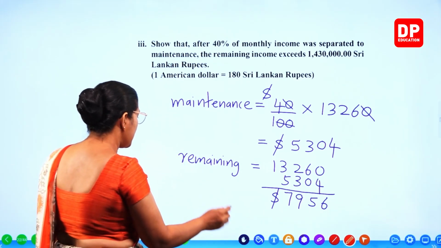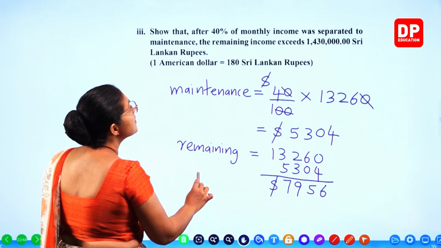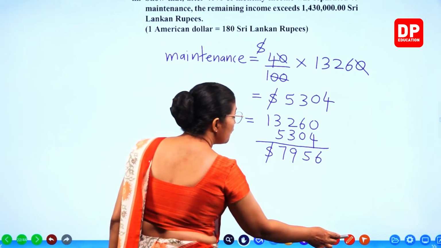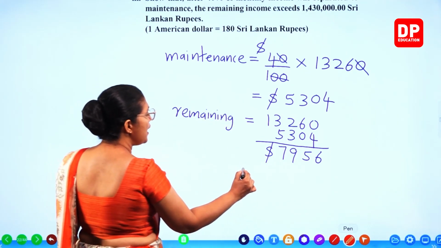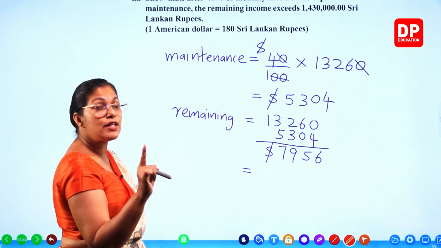So you have to show that this one exceeds 1,430,000 rupees. So how do you convert this to rupees? $1 is 180 rupees.